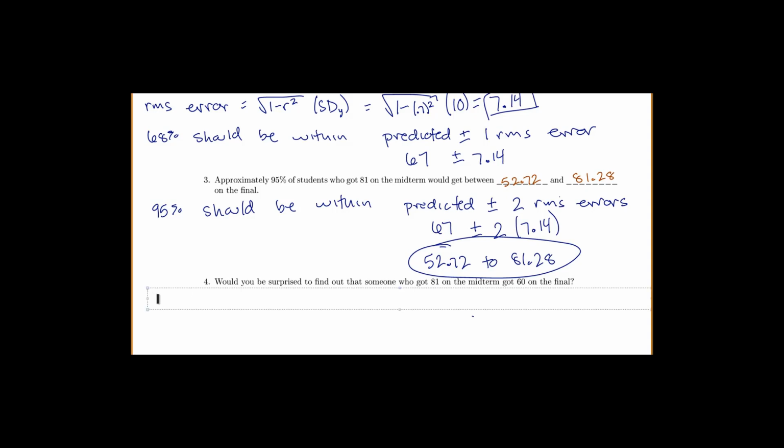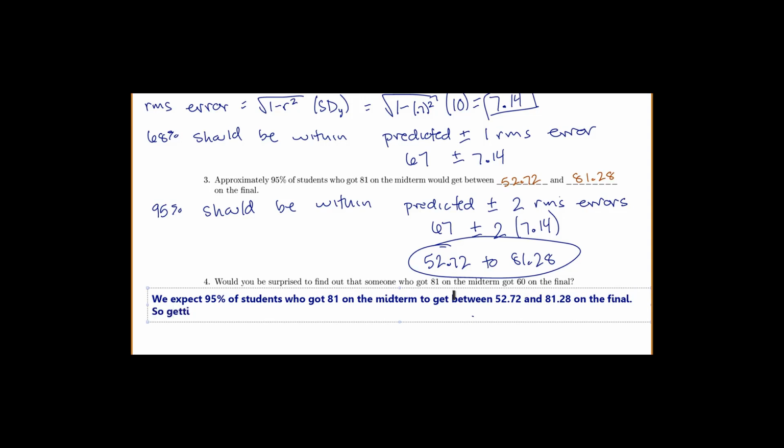From part 3, we expect 95% of students who got 81 on the midterm to get between 52.72 and 81.28 on the final.